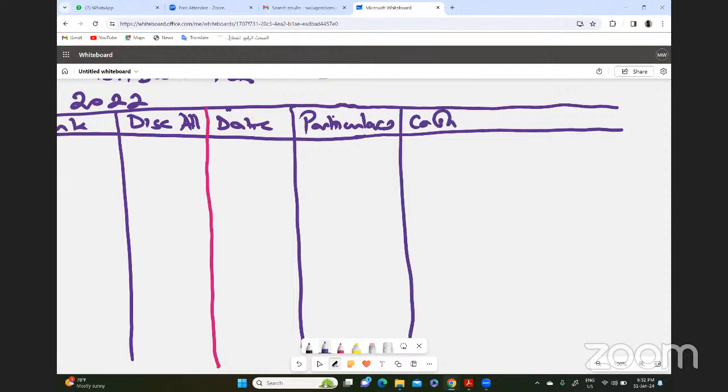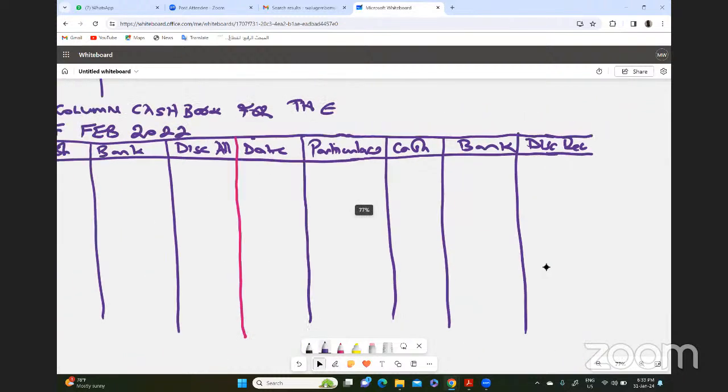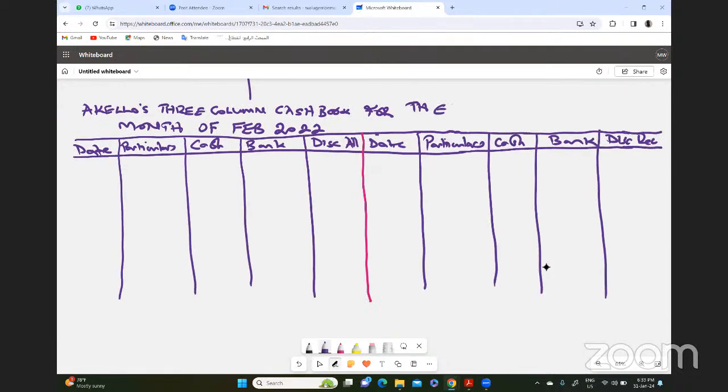We shall have cash. We shall have bank. And then we shall have discount received. Two sides, okay? If you need to see it in its comprehensive way, that is how it is. Okay?